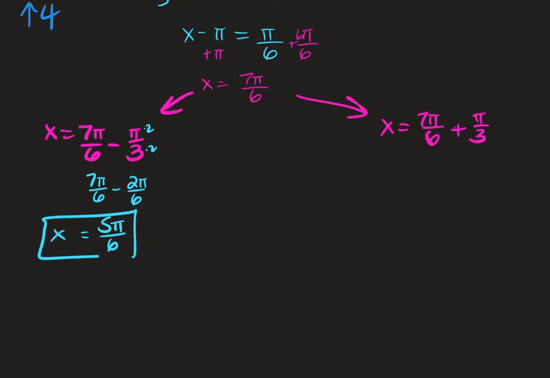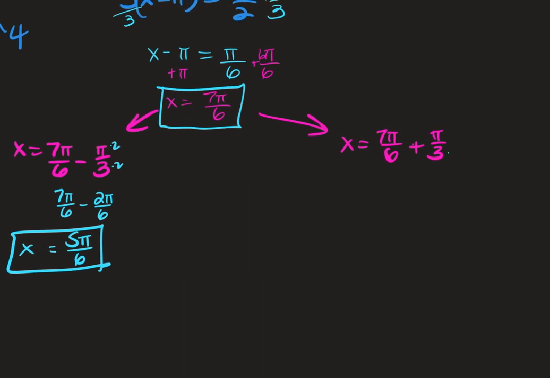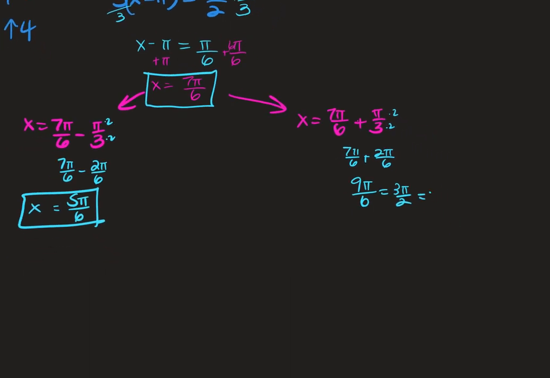That's going to be the first asymptote as I move from left to right. That 7 pi over 6 is the middle asymptote. And then 7 pi over 6 plus 2 pi over 6, and I get 9 pi over 6, which is 3 pi over 2. And that's your third asymptote.